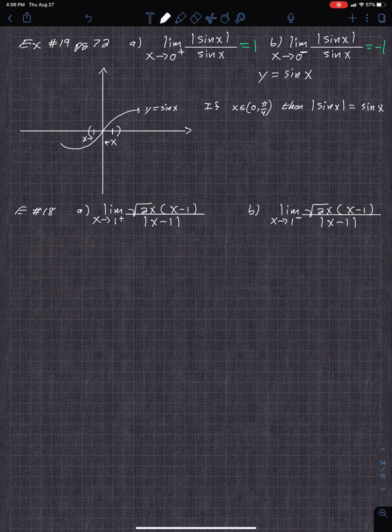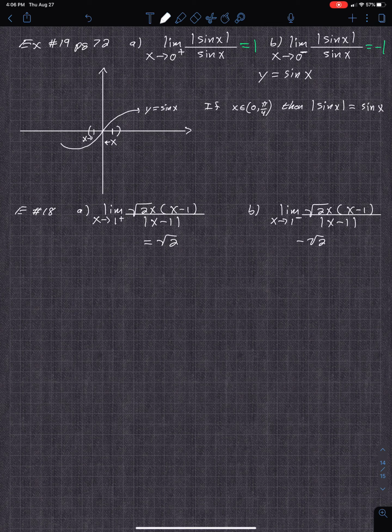And then when you come back, you should analyze this. You get root 2, and this is negative root 2. The same kind of rationale as before. 1 is a positive number, but you're still coming from the left or right as you approach 1. So you're analyzing this the same as we did for the absolute value function.